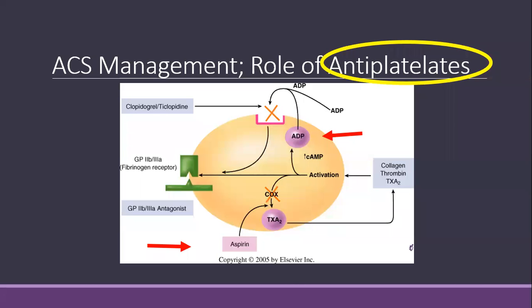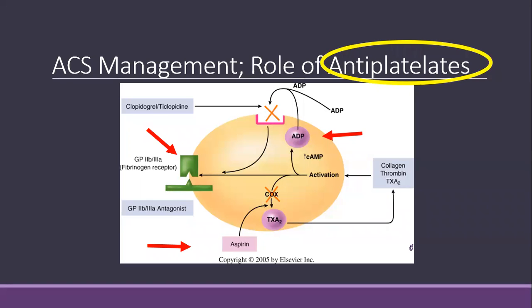This is blocked by the clopidogrel, and then the receptor pathway where the fibrin binds. So the other pathway, the third pathway, is that the GP2B3A receptors are blocked. These are the fibrinogen receptors where the fibrin binds. So this pathway is blocked by the GP2B3A inhibitors.